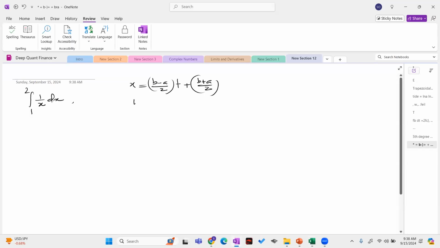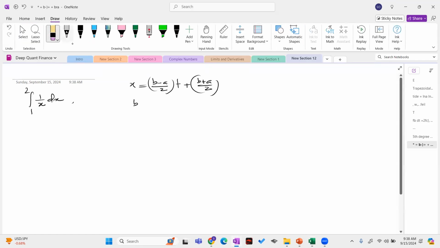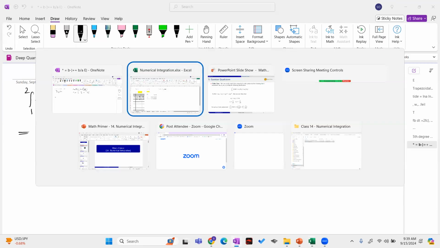What is b and what is a? So my x is now given as (2 minus 1) by 2 times t plus (2 plus 1) by 2, 3 by 2. This is my transformation. Or I can write t plus 3 by 2. Now remember, what does this integral become? Let me go back.